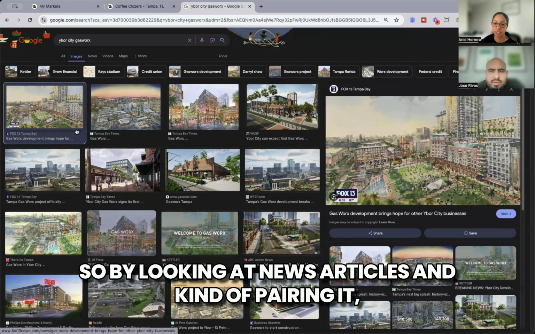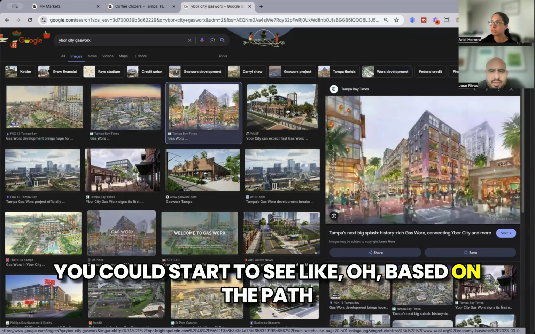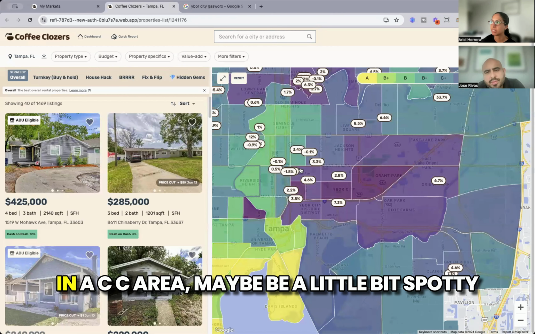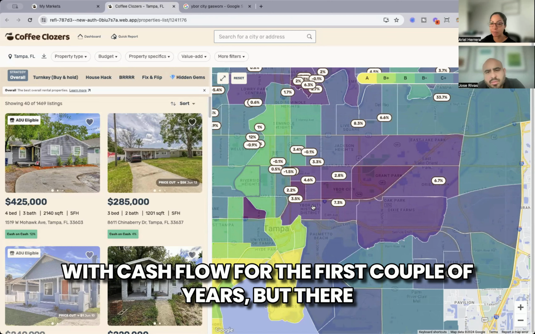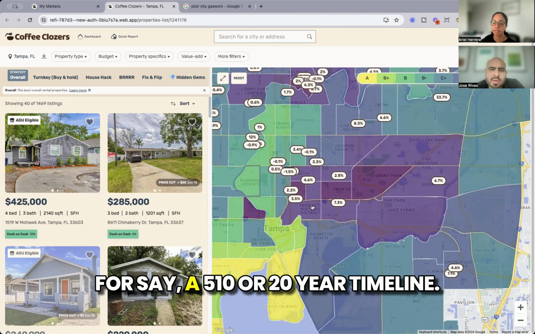So by looking at news articles and pairing it, you could start to see, oh, based on the path of progression, I might want to take that risk and invest in a C minus area, maybe be a little bit spotty with cash flow for the first couple of years, but there could be some really big growth if I hold on to it for, say, a 5, 10, or 20-year timeline.